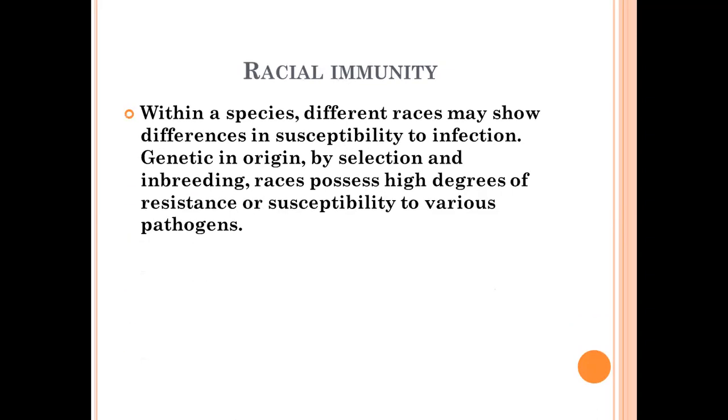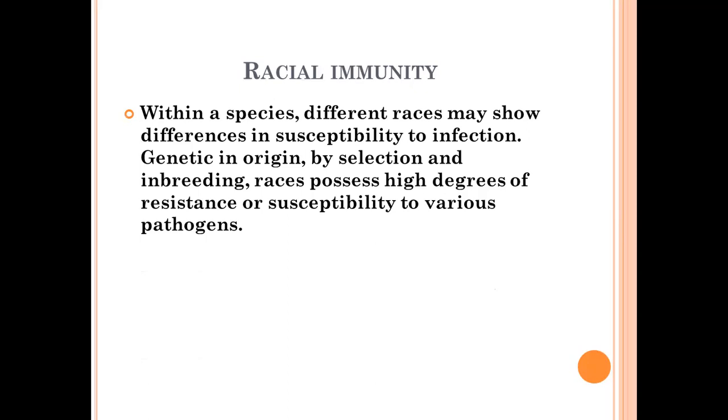Now coming to racial immunity. Within a species, different races may show differences in susceptibility to infection. As this is a particular part of innate immunity, by genetic variation, by selection and by inbreeding, races can possess a high degree of resistance or susceptibility to various pathogens.